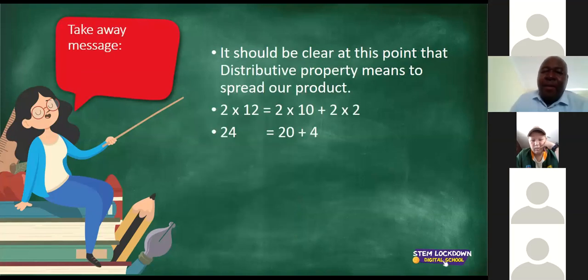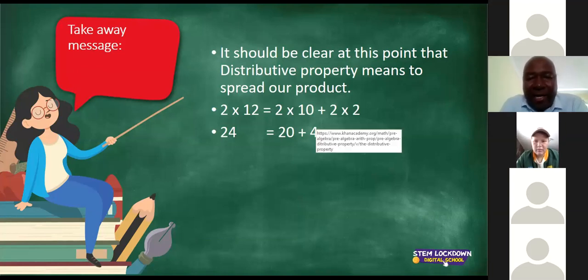Now, to be clear, when I began the lesson, I said that the distributive property means that you are spreading out your product. Another example: we have 2 multiplied by 12.